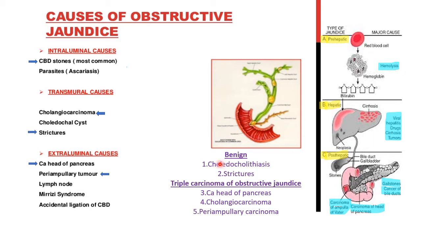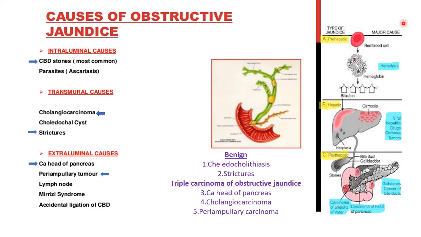The obstruction can be either benign, the most common being choledocholithiasis and strictures, or due to cancer, the so-called triple carcinoma of obstructive jaundice, which includes carcinoma of the head of the pancreas, cholangiocarcinoma, and periampullary carcinoma.